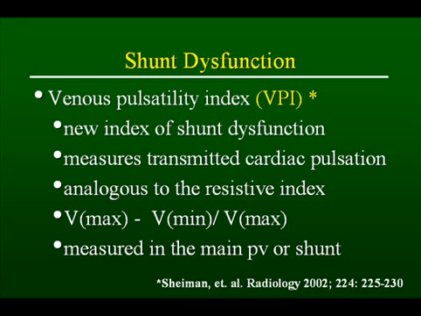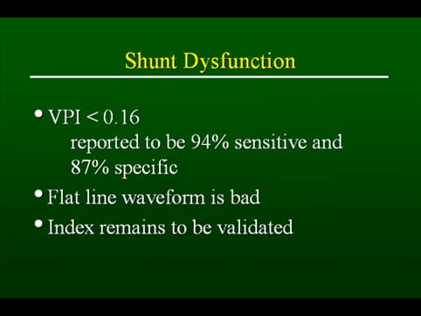You can measure this VPI, venous pulsatility index, by taking the velocity maximum minus the velocity minimum over the velocity maximum, and a value of 0.16 or less is considered bad. This has been reported to be 94% sensitive and 87% specific. Basically, a flat line waveform is bad and indicates shunt dysfunction.